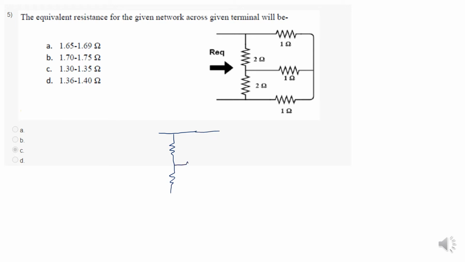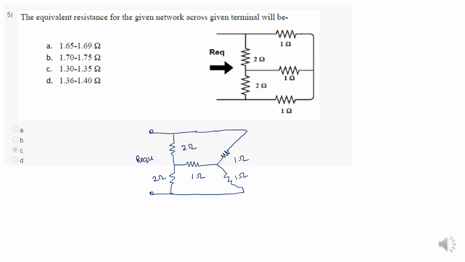This is the center one resistance. Here I am going to redraw the star like this. Okay, next I am going to put all the values of resistances. Here this is R equivalent. Here 2 ohm, 2 ohm. Here 1 ohm, 1 ohm and 1 ohm.